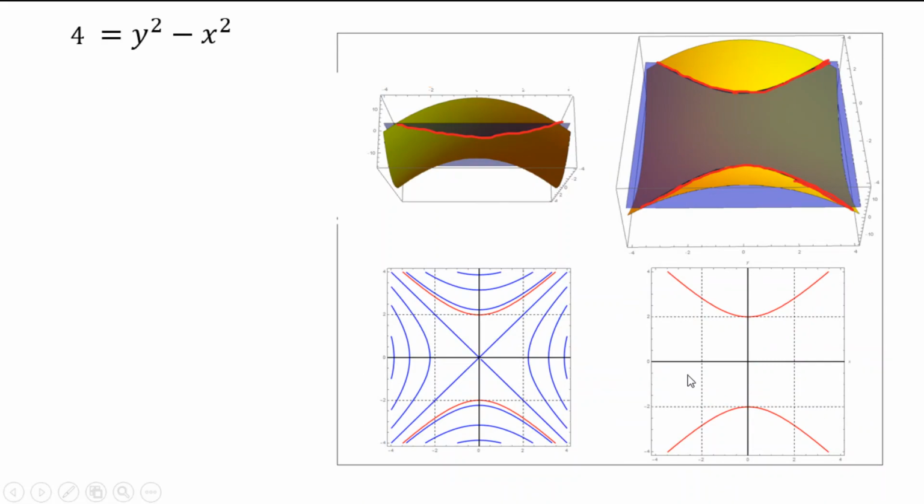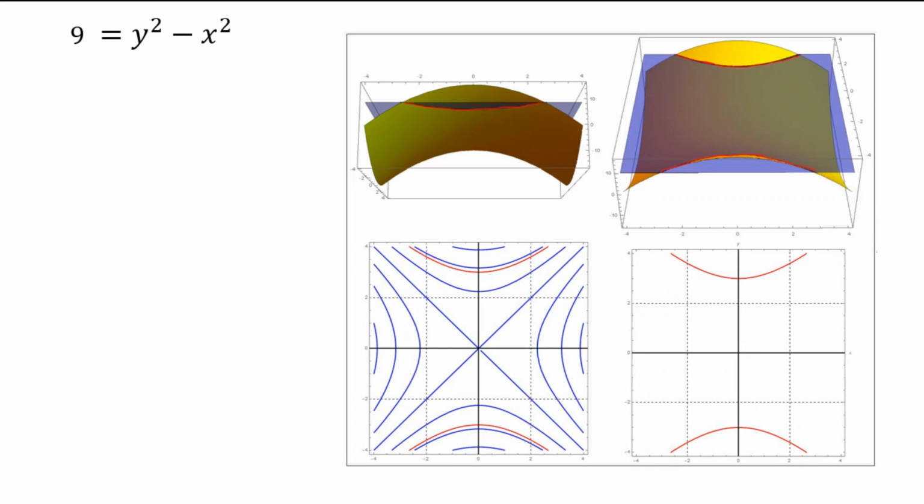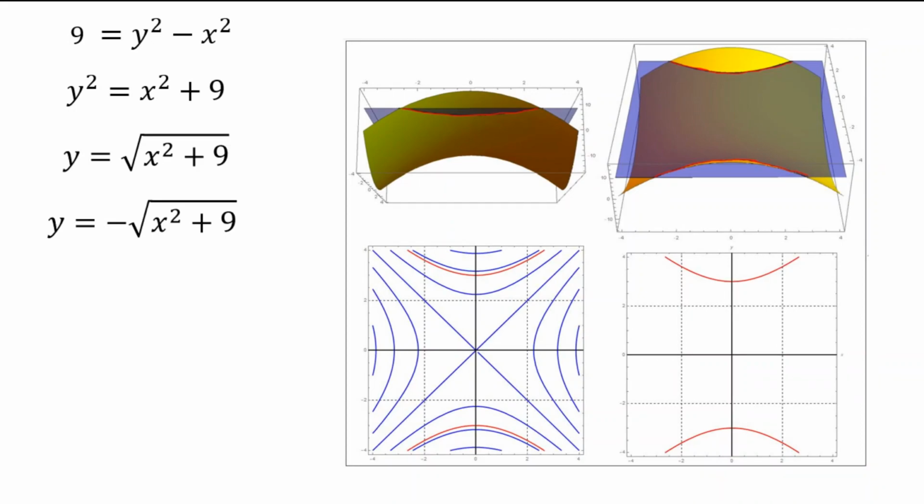So now 4 is equal to y squared minus x squared. That gives me y equals the square root of x squared plus 4, and y equals negative square root of x squared plus 4. So here, all the values between -2 and 2 I cannot get. So let's look at one more. 9 equals y squared minus x squared. I get y equals the square root of x squared plus 9, and y equals negative square root of x squared plus 9.